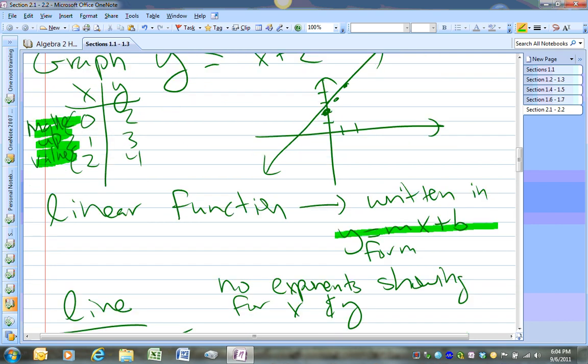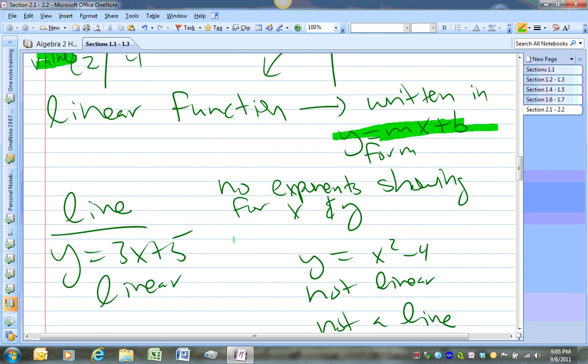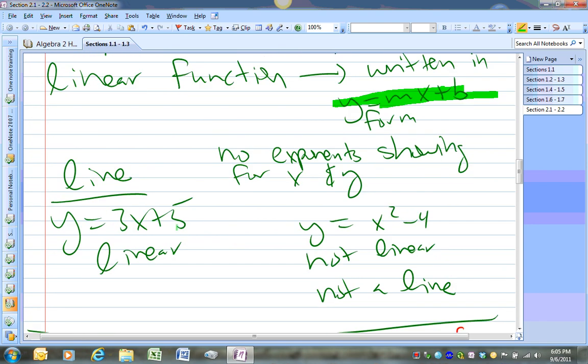A linear function is usually written in this format, y equals mx plus b. We'll discuss what m and b are a little bit later. Actually, I won't discuss what b is, but I will discuss what m is in section 2.2. If you don't see an exponent showing, so like the exponents for x and y are both 1, we don't show them, that'll be linear. So y equals 3x plus 5, that's a linear function.